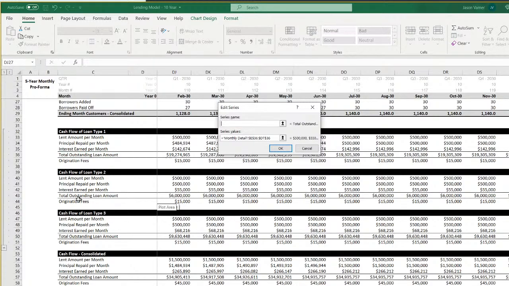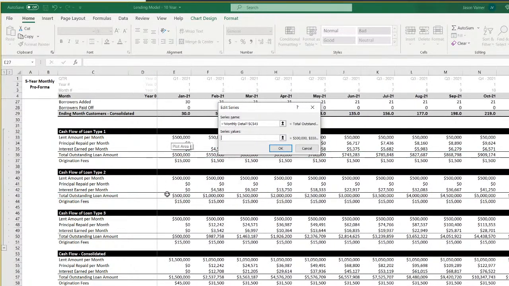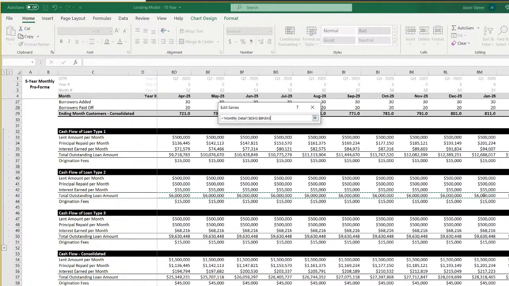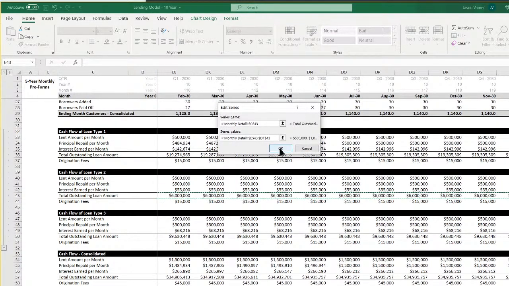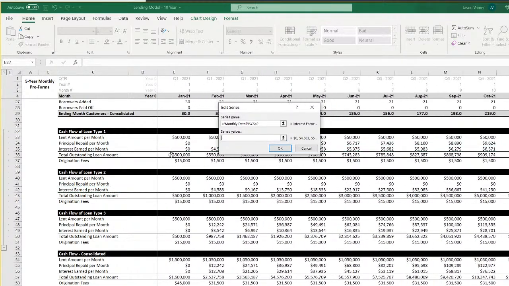We're doing total outstanding of this one, total outstanding amount, and interest earned. Type 2.